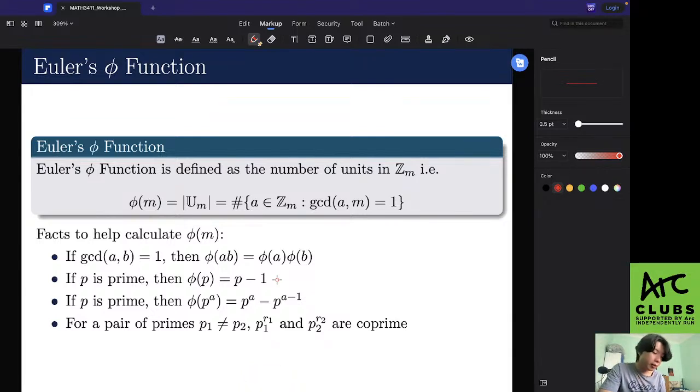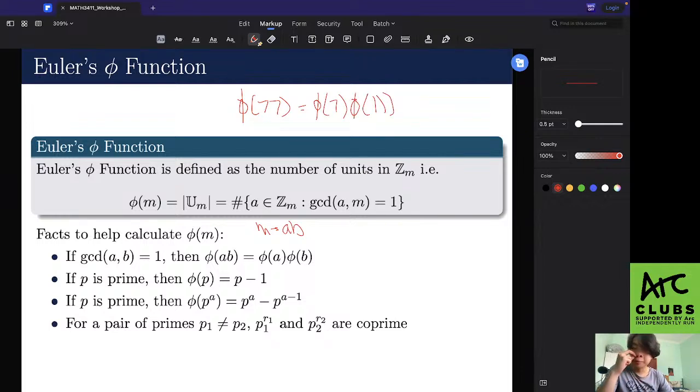The first one being, if m is equal to ab and a and b have GCD 1, then we can split it up. So an exam question you might have seen is finding phi of 77. Obviously 77 becomes 7 and 11.